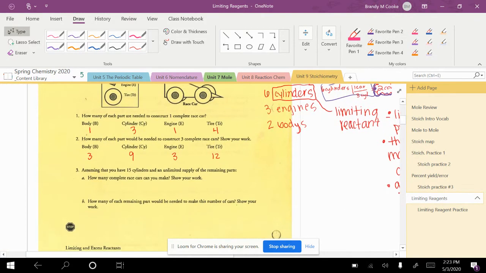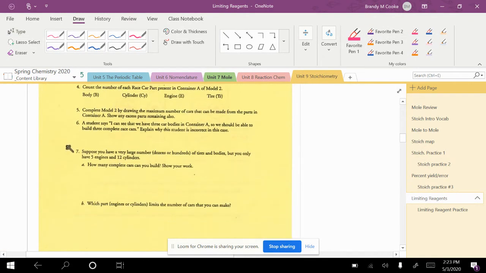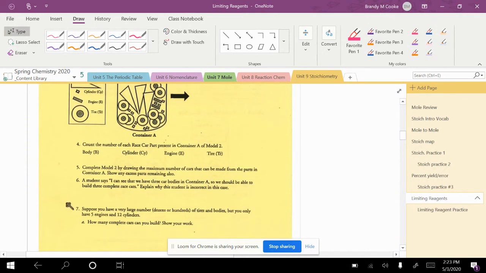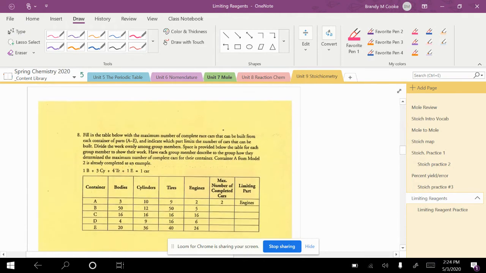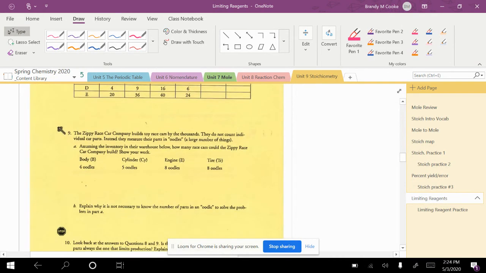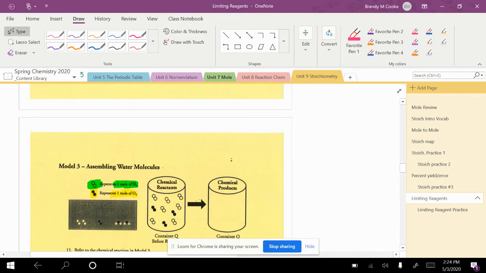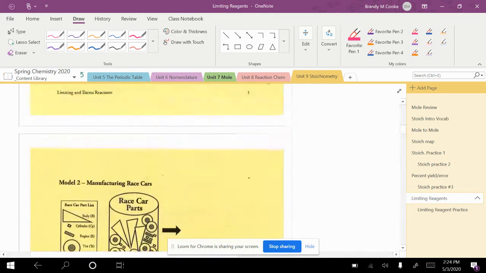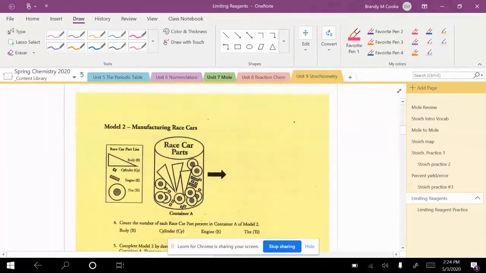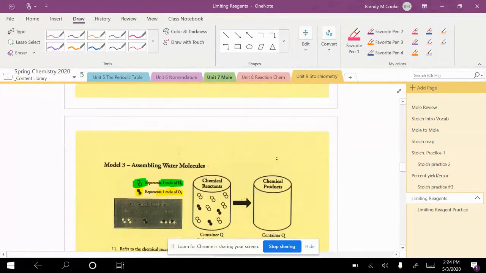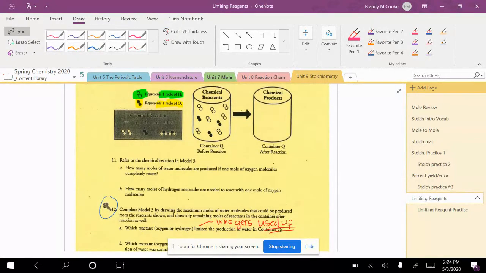So this is just the intro, the vocab. I want you guys to work through this practice. It really does a really good job of going through sample calculations and kind of showing you how to work through this mentally. If you feel like you understand the vocabulary well enough and you understand what I did right here, then I would honestly just skip ahead and start with Model 3, question 11, because that's where we really start relating it to chemistry and molecules instead of car parts.